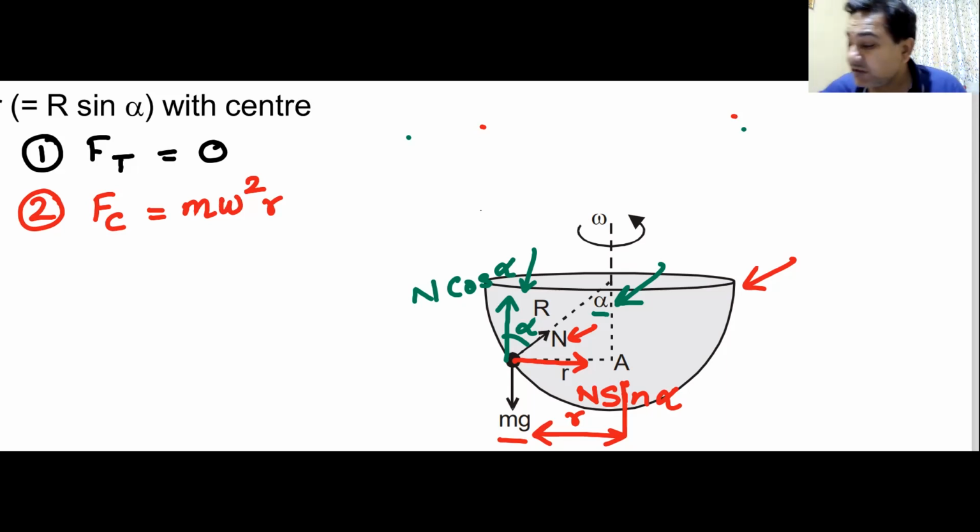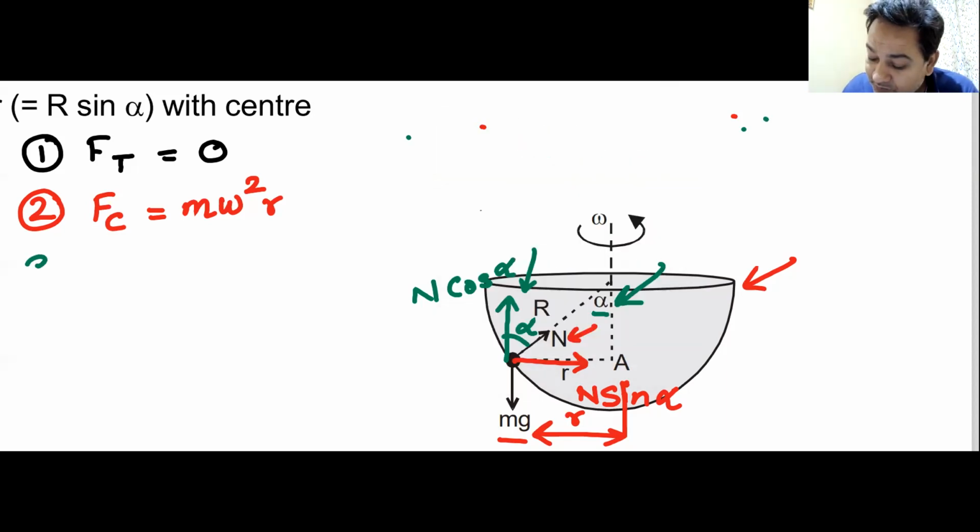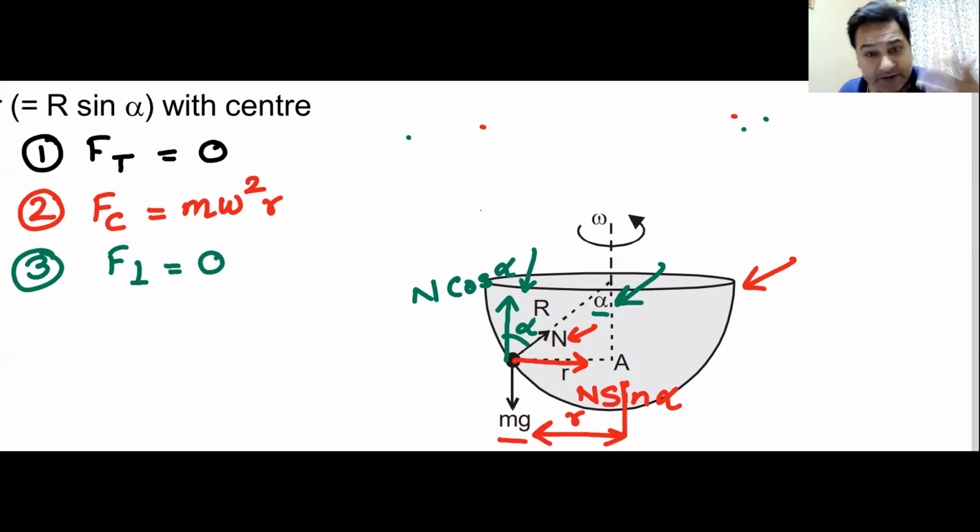Okay. So the third equation which we have to make will be in the perpendicular direction. In the perpendicular direction, net force has to be 0. We all understand this. That means the upward and the downward force must balance each other. That means I have an equation.